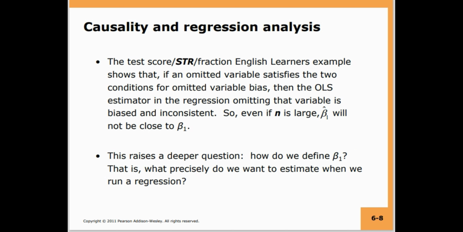Now we come to the interesting idea of causality and regression analysis. In econometrics, many times what we are really interested in is the causal relationship between two variables y and x, that is, if there is a 1 unit change in x, how much of a change is there in y.